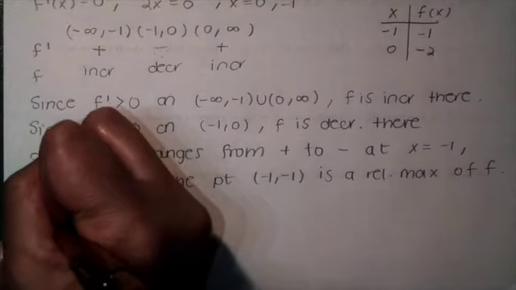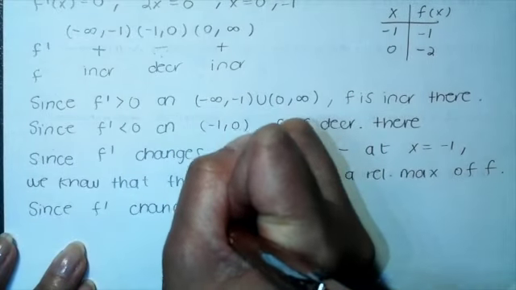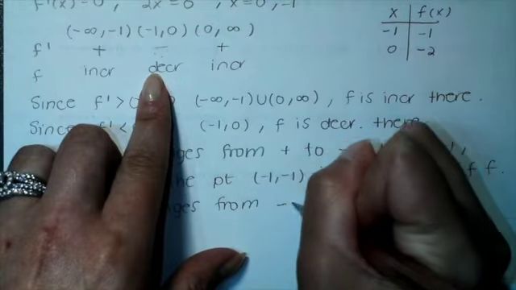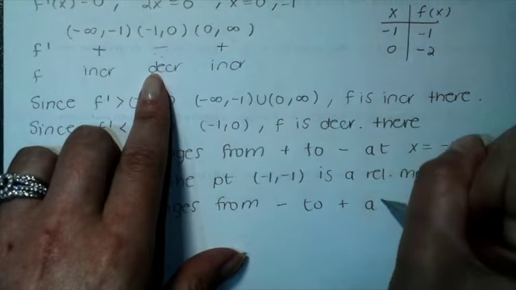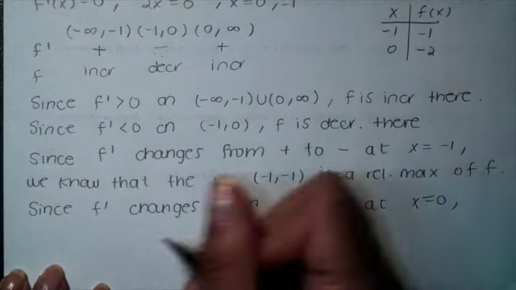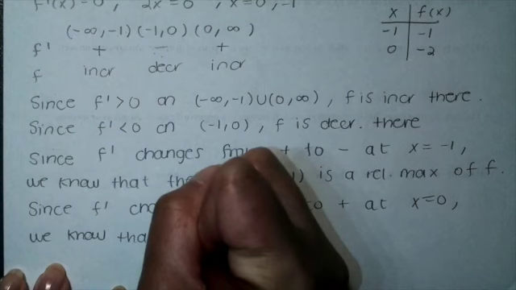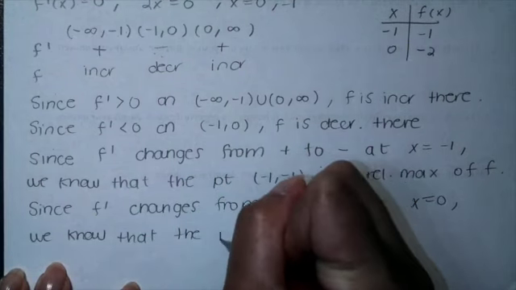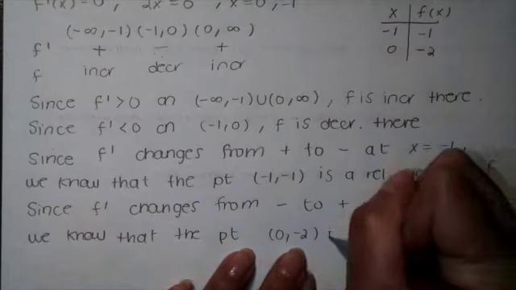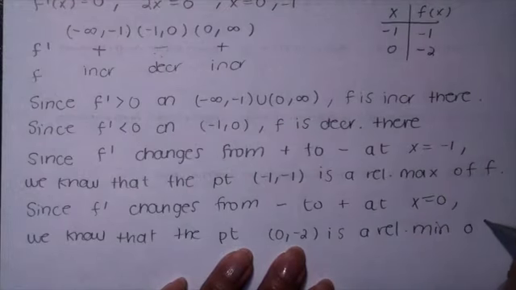Similarly, again, what do you have here? Since f prime changes from negative to positive at x equals 0, we know that the point, here's 0, negative 2, is a relative minimum of f.